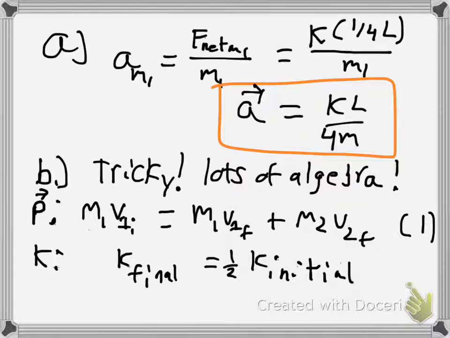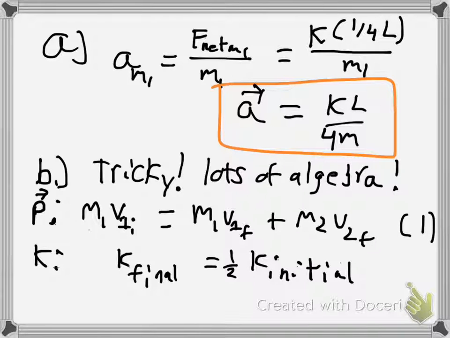Now part B is really algebraic and intense. We have to prove that the velocity of block 1 is half of the initial velocity of block 1.